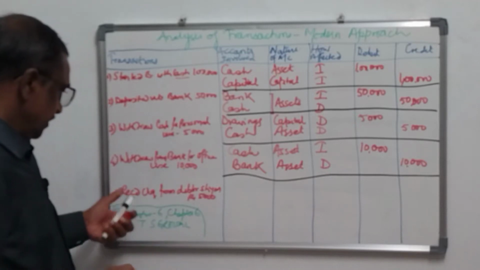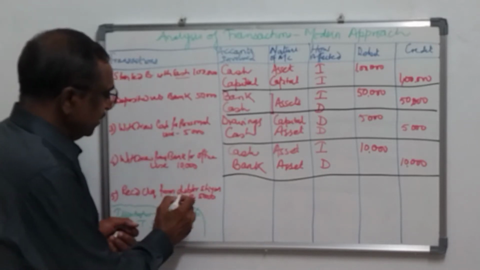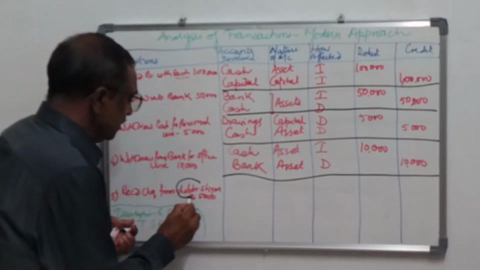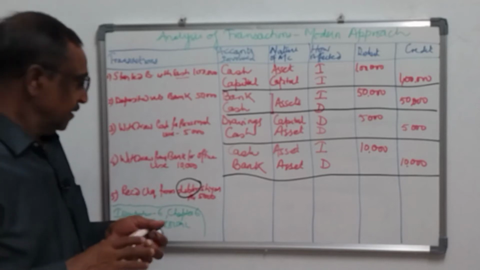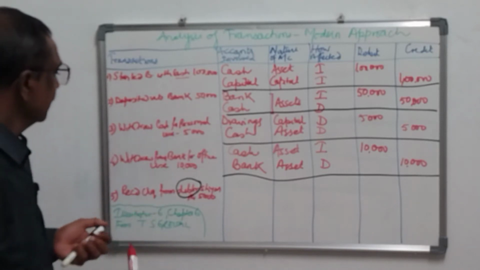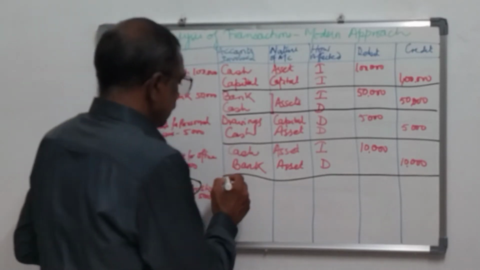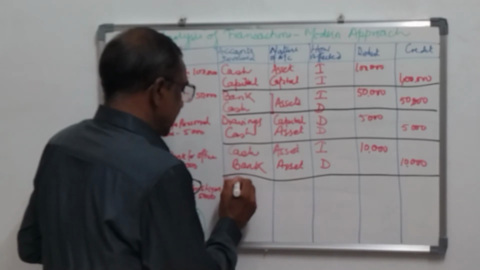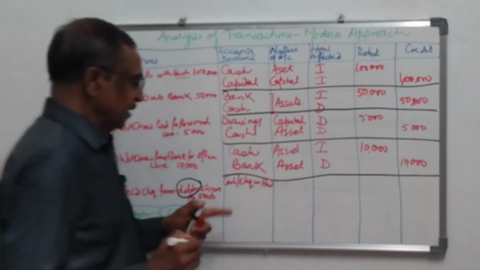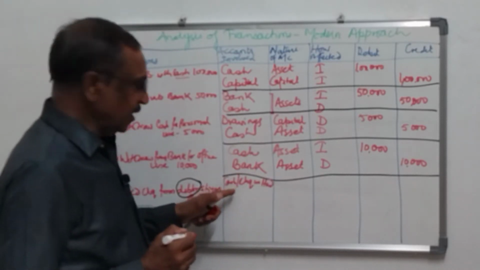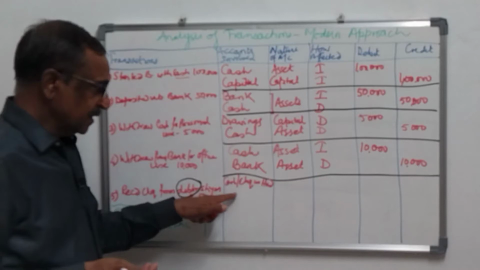Now, next is received cheque from debtor Shyam. Let me remind you, this is pronounced as debtor. The B is silent. So you have received a cheque from the debtor. Here your cash and cheque in hand, this is the term which we use for cash in hand and cheque in hand, because you have received a cheque. It is as good as cash.